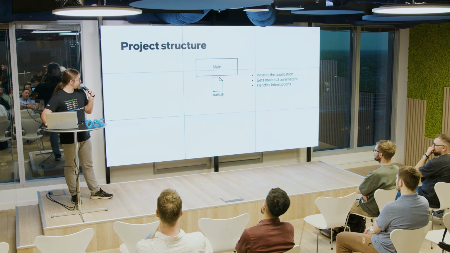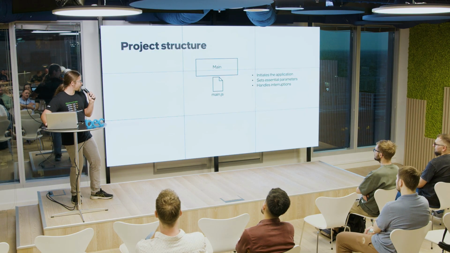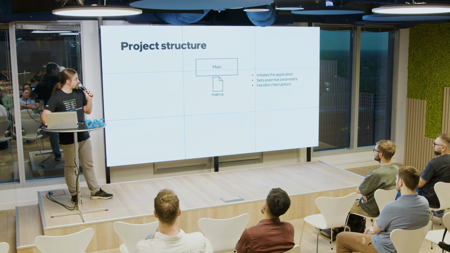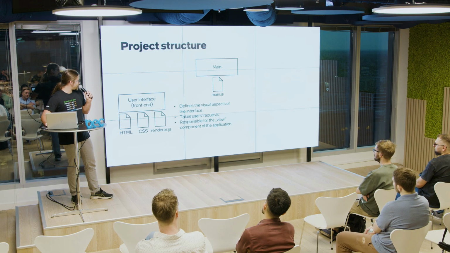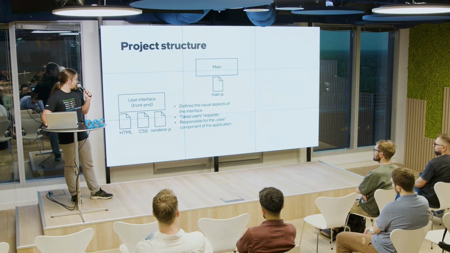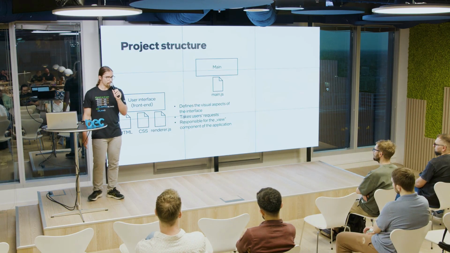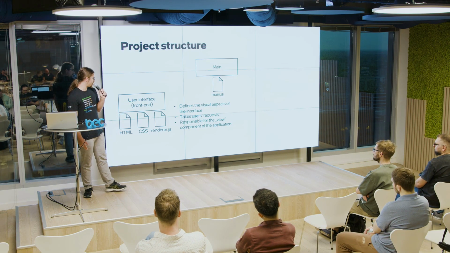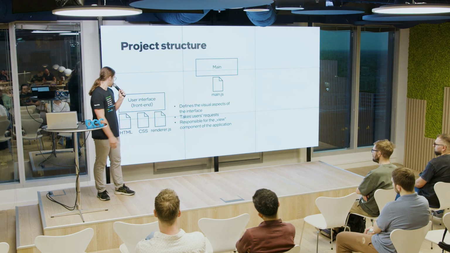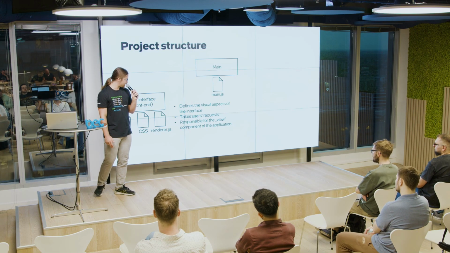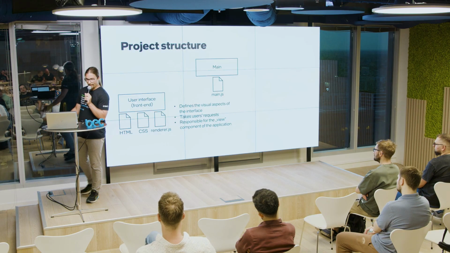And first of all, we define the main file, which initiates the application, sets essential parameters, handles every interruption. Later, we define the front end, which is a user interface, so this view component of the model view controller application. Here is some HTML, CSS, renderer.js.